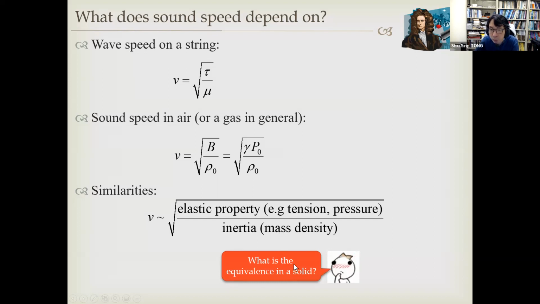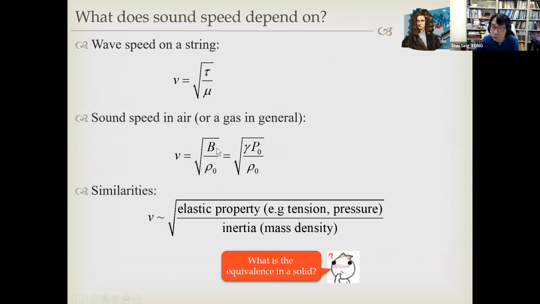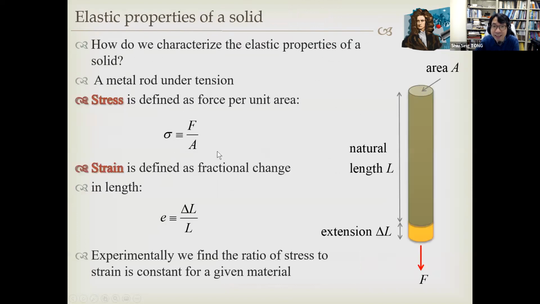Now, what is the equivalent of the elastic property, the bulk modulus, in a solid? That is an interesting thing to us. Here we have a simple model that allows you to derive the elastic properties of a solid. What is the corresponding quantity for the bulk modulus for a solid?